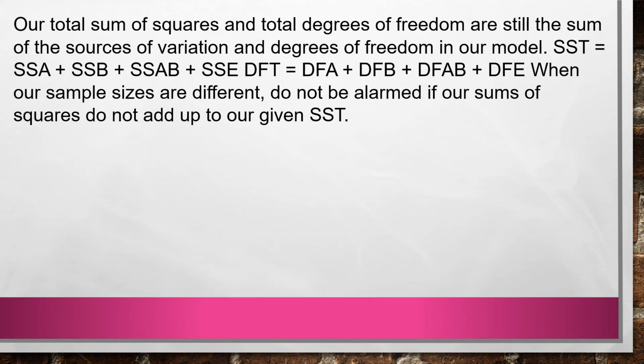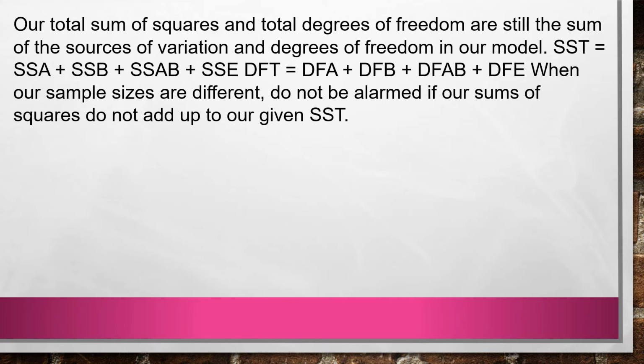Our total sum of squares and the total degrees of freedom are still the sum of the sources of variation and degrees of freedom in our model. SST is equal to SSA plus SSB plus SSAB plus SSE. DFT is equal to DFA plus DFB plus DFAB plus DFE.